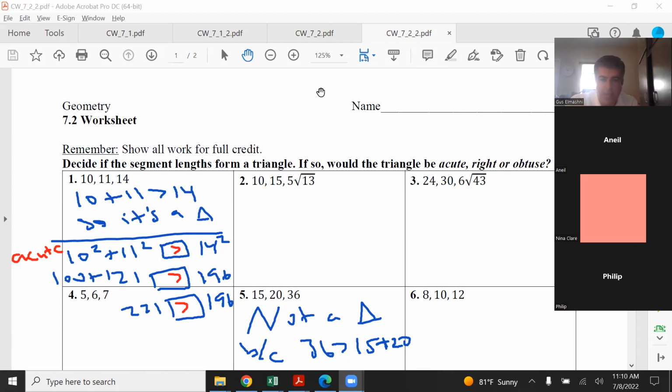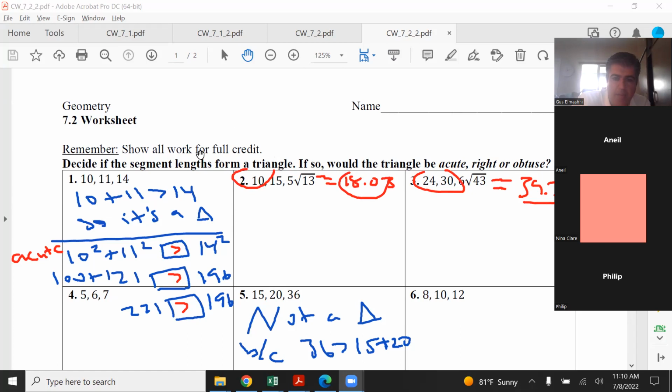Now, for 2 and 3, those are going to be a little complicated because you have radicals. So you can use your calculator. 5 root 13 is roughly 18.03. 6 root 43 is roughly 39.3. So I'm pretty sure both of those are going to be triangles because 39.3 is not greater than 24 plus 30. 18.03 is not greater than 10 plus 15.